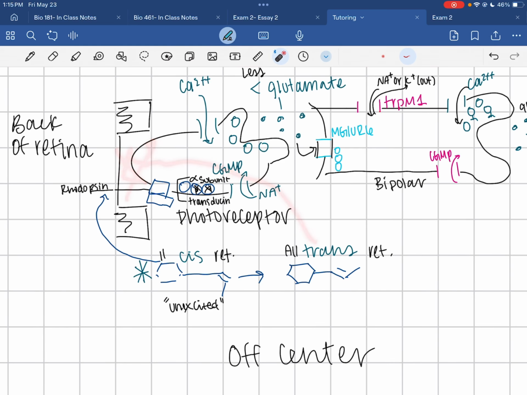It can't fit anymore. So rhodopsin ends up detaching from opsin, which would be our transducin.